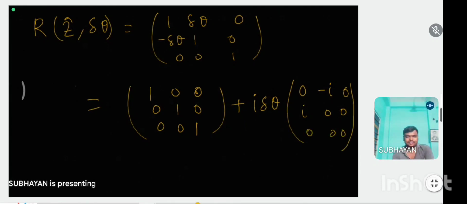You can write this infinitesimal rotational matrix about the z axis in that way, and this is the identity in 3D, I3, or I am writing I, simply dropping the dimensional index. So this is I plus i delta theta times a matrix. This matrix is a Hermitian matrix, and I am writing this as Jz.